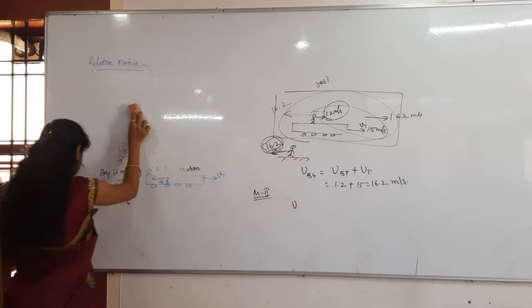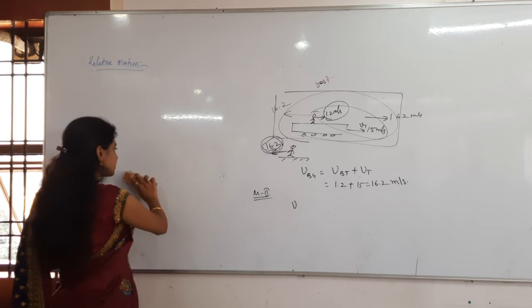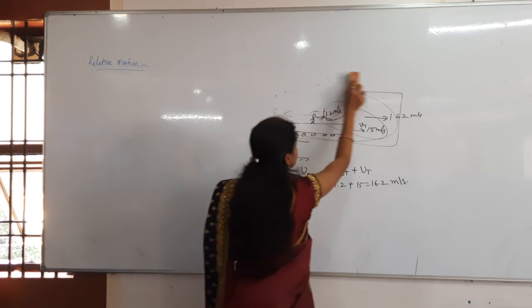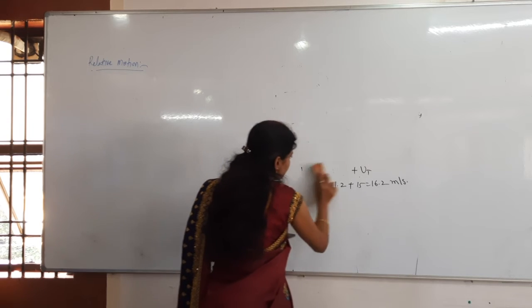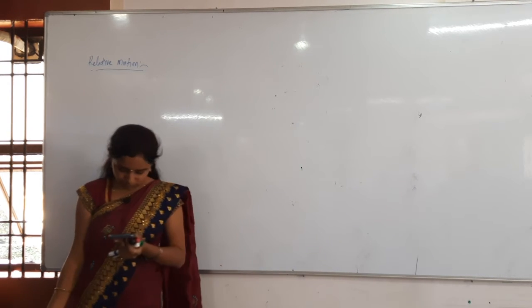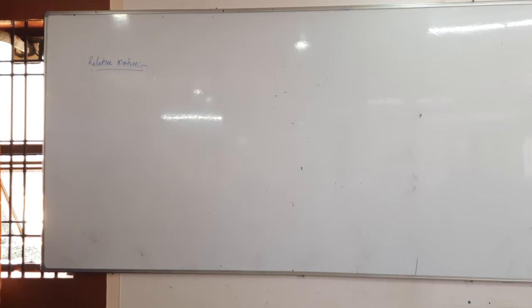If two bodies A and B are moving along the same line in opposite directions, with velocities 3 meters per second and 4 meters per second respectively with respect to the ground, full stop.